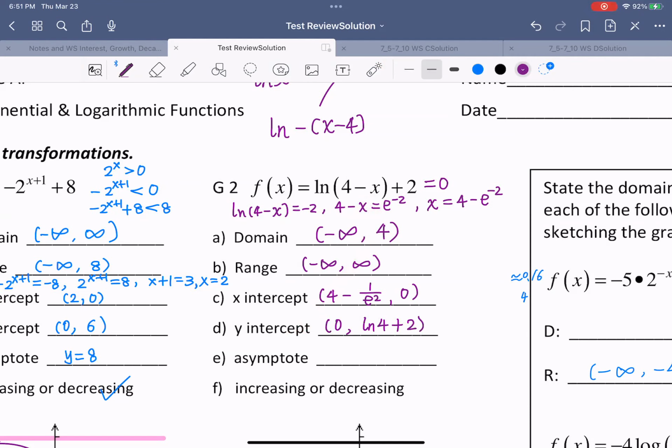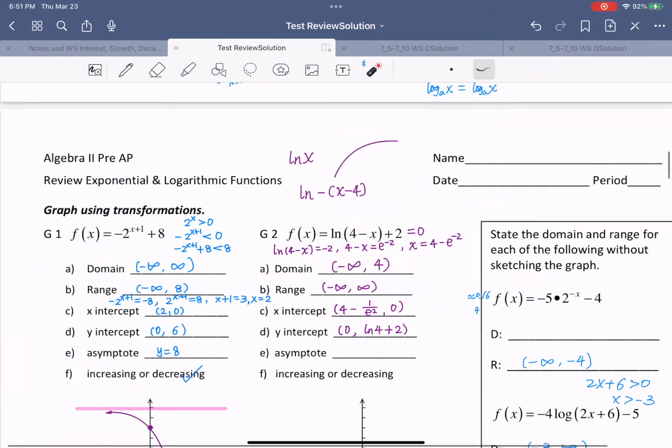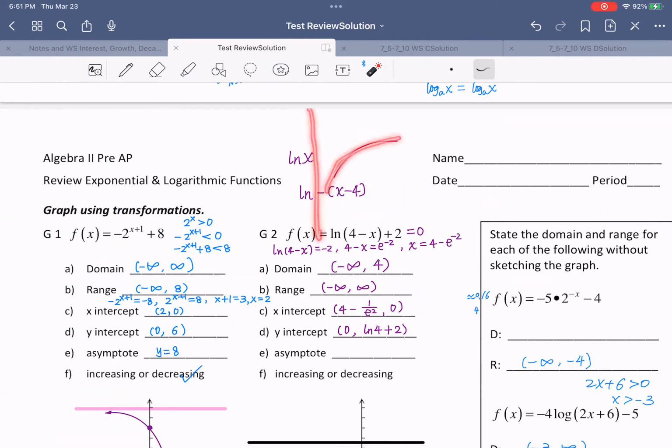Asymptote. Who is the asymptote? This logarithm has a vertical asymptote. This guy cannot equal 0. So make that equal 0 and that will be your vertical asymptote.